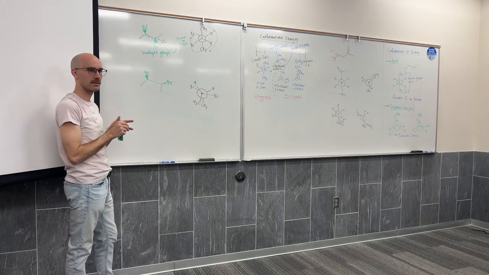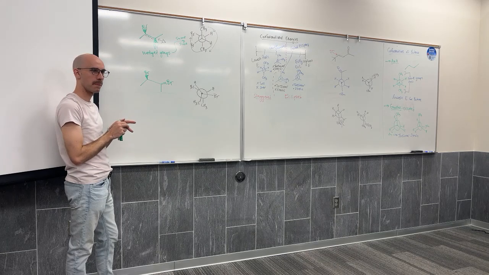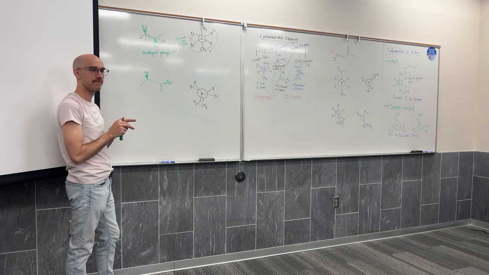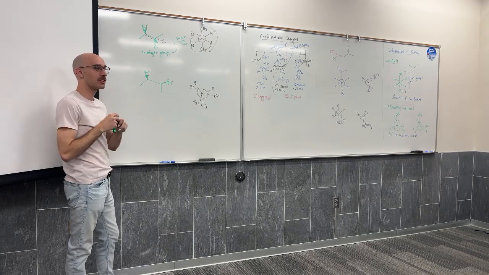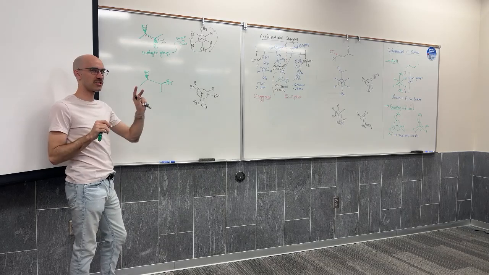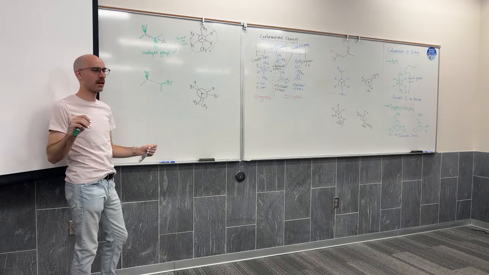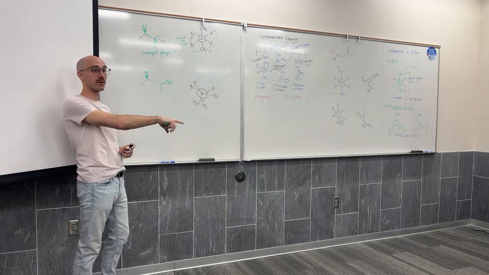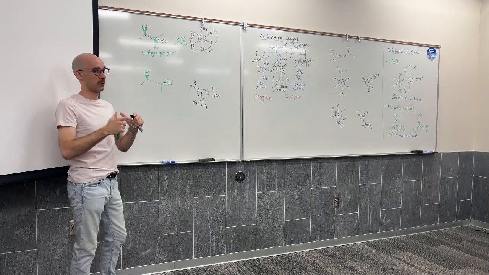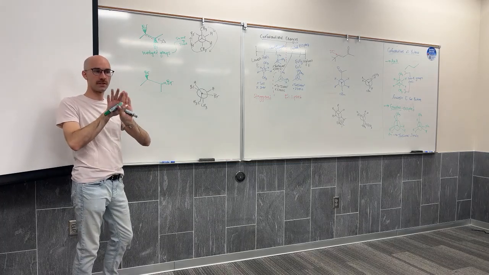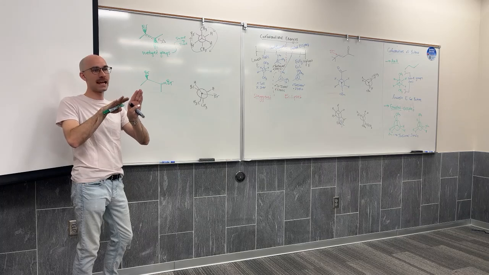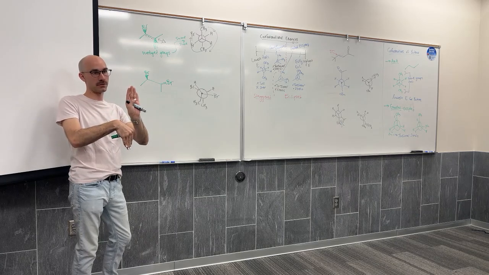Russ? So maybe I'm overthinking this, but would this eventually play into the cis-trans discussion, where if we're going from wedge to dash, we're going from cis to trans? So cis-trans is used with alkenes in a very different context. Okay. Cis-trans is used with rings, which are locked. So on a ring, groups that are considered cis to each other can never be trans to each other.